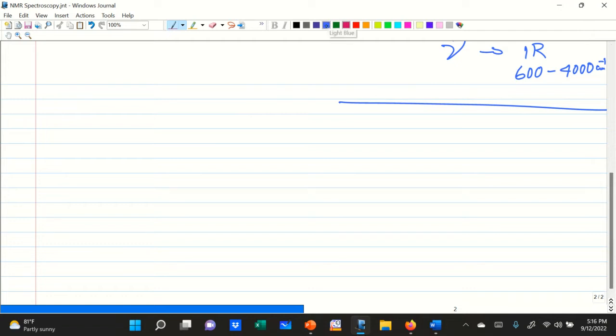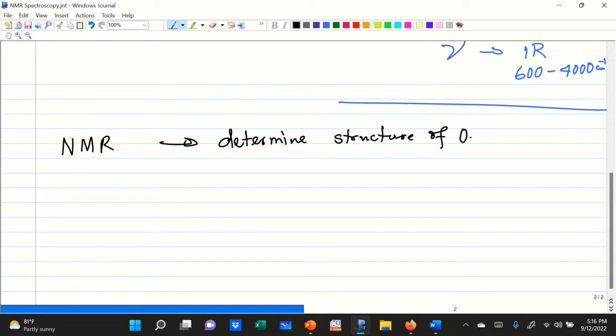What is the objective of NMR spectroscopy? The goal of NMR is to determine the structure of organic molecules, right? That is our actual goal: the structure of organic molecules.